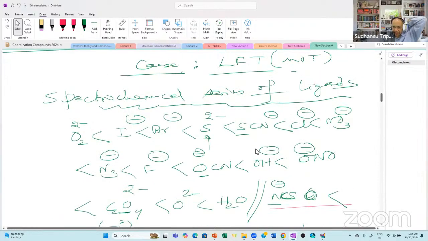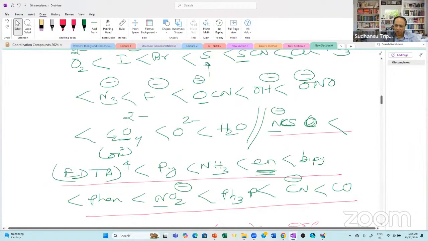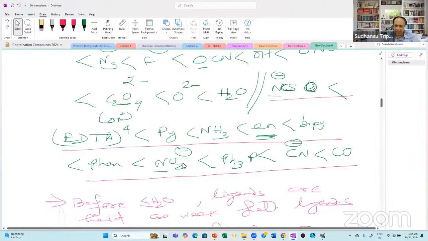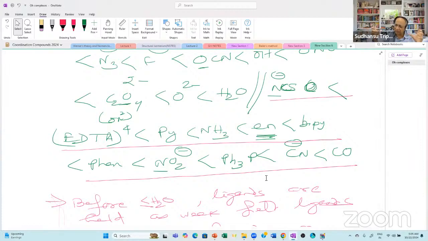Ligand spectrochemical series, ligand has a role to play. We still do not know why these cyanide ion, carbon monoxide, triphenyl phosphine, nitrite ion are very strong field ligands. The cause will be known. We know these are sigma donor and pi acceptor ligands, but we do not know the cause of how they are able to influence or have a greater repulsion to split to a greater extent.